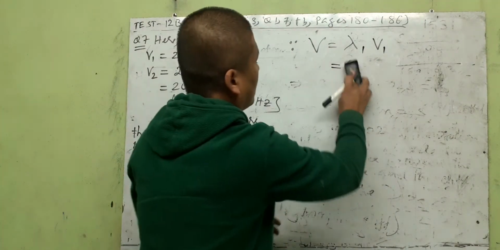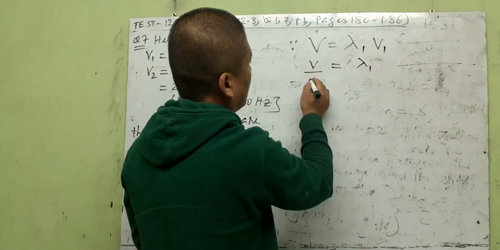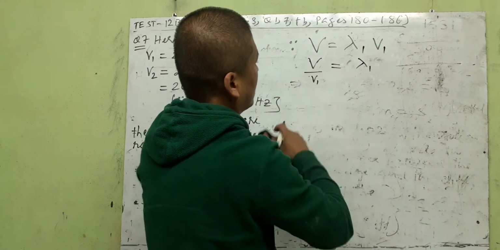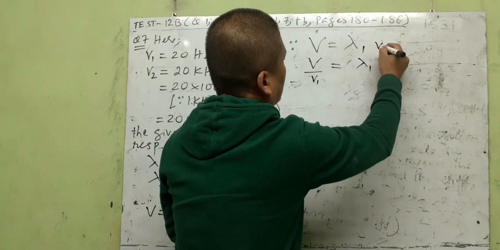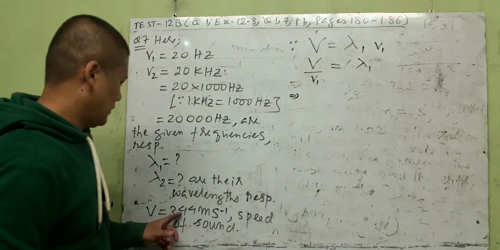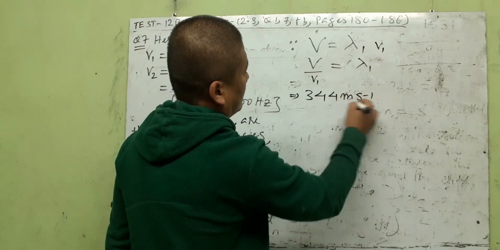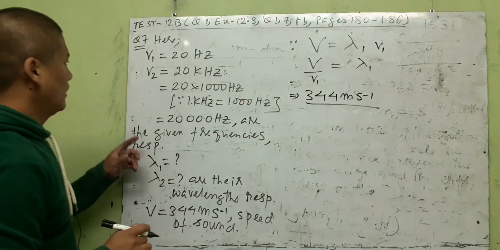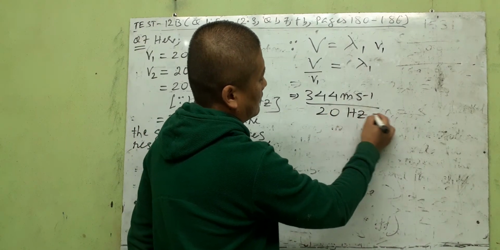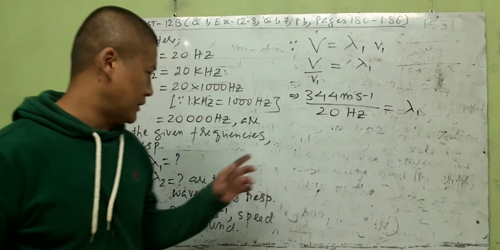So lambda 1 will be capital V, the speed, divided by small v1, the frequency. The speed is 344 meter per second divided by v1, 20 hertz, which is the first wavelength that the question is asking.